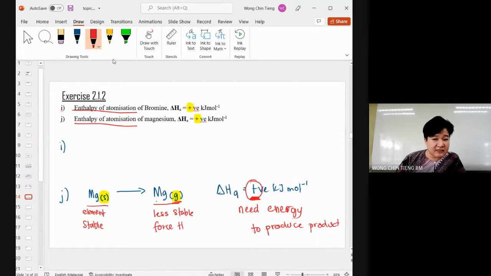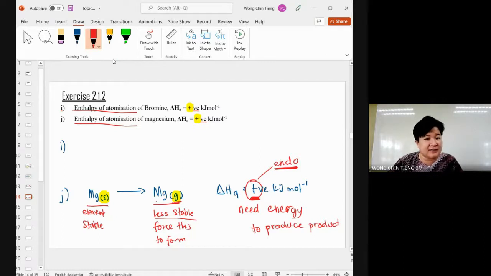When you force this to form, your product will be less stable. Whenever it is endothermic, it means the product is less stable compared to your reactant, because the product is something I have to force to be produced. I have to give energy, I have to force, I have to do something new for it to form. Okay, that is your endothermic.